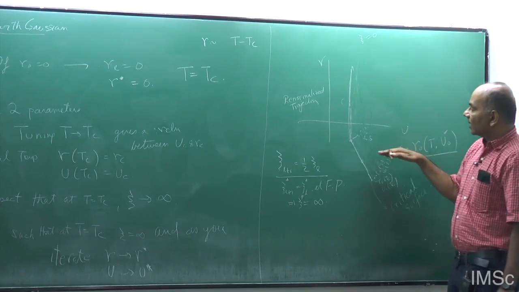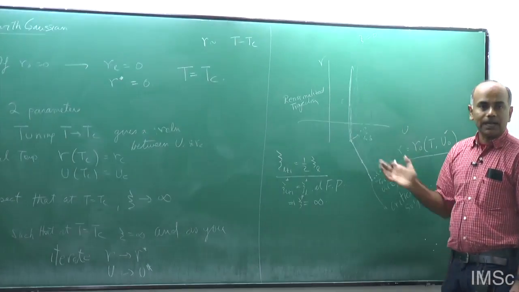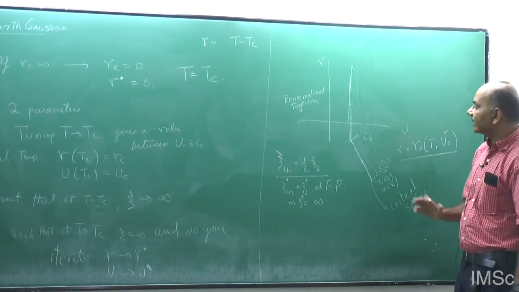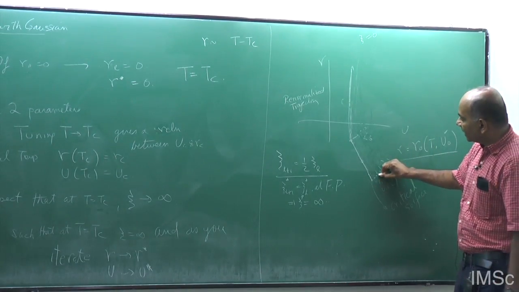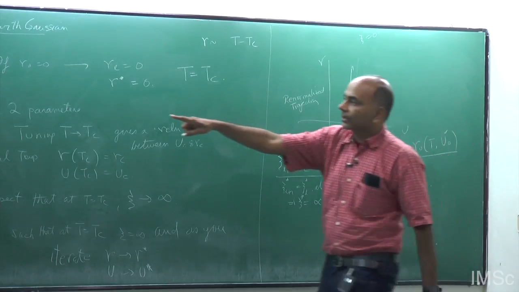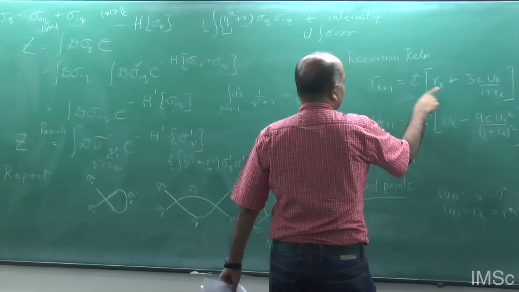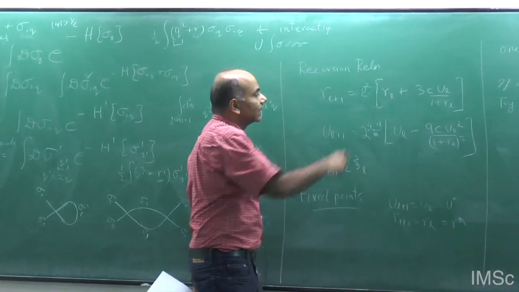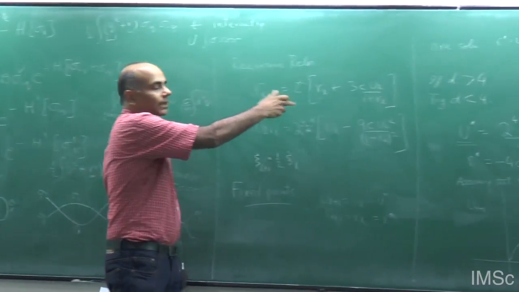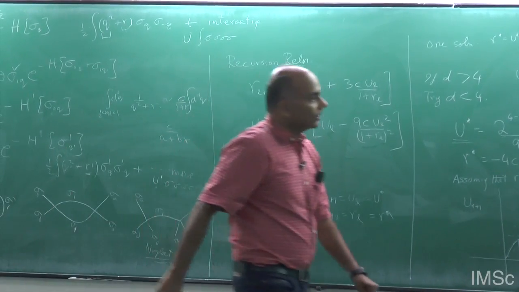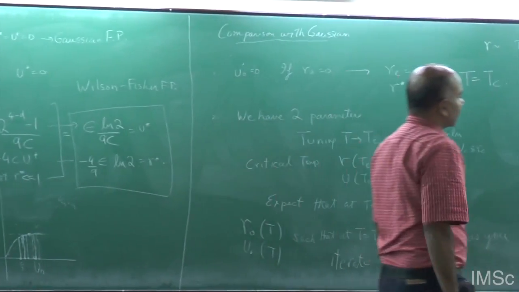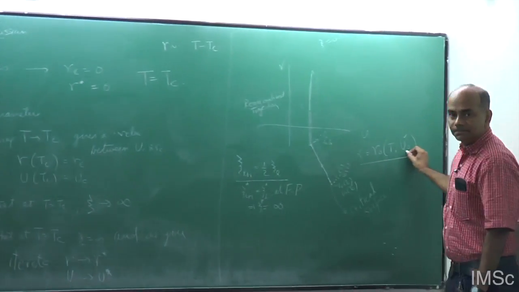Now the question is, how do the rest of the points behave? Generically, a point here will not go into that, because you can see that R_{L+1} is getting bigger and bigger. So clearly, it's not going to go into a fixed point except for a very special value, and that special value depends on what your U is.